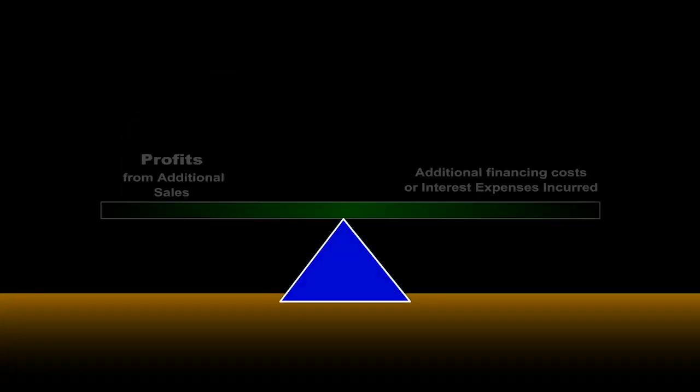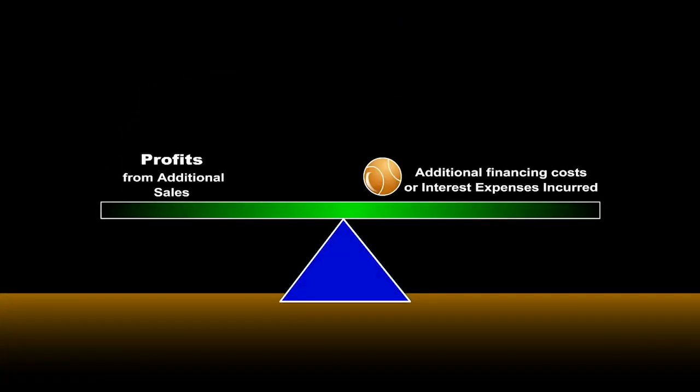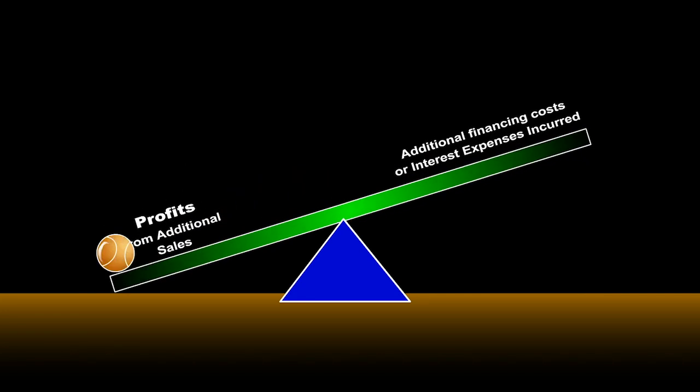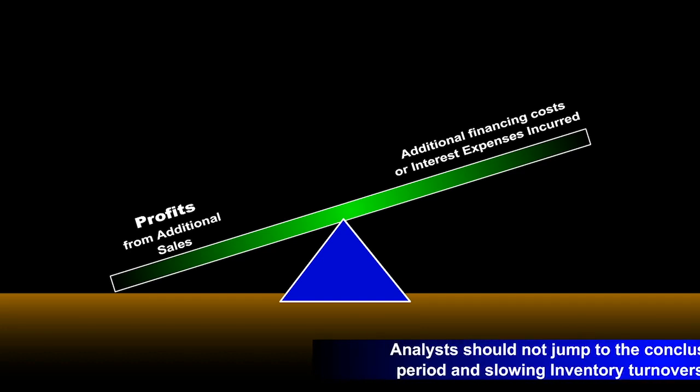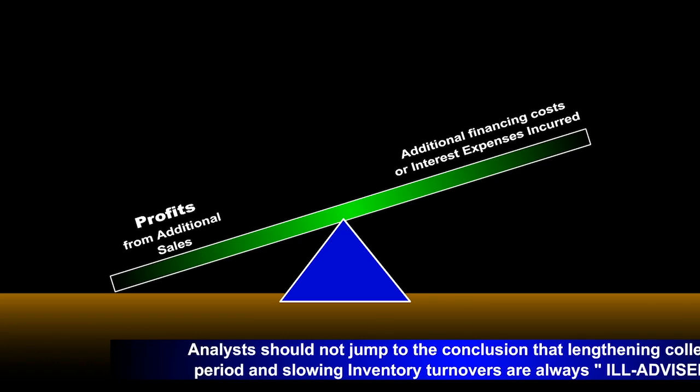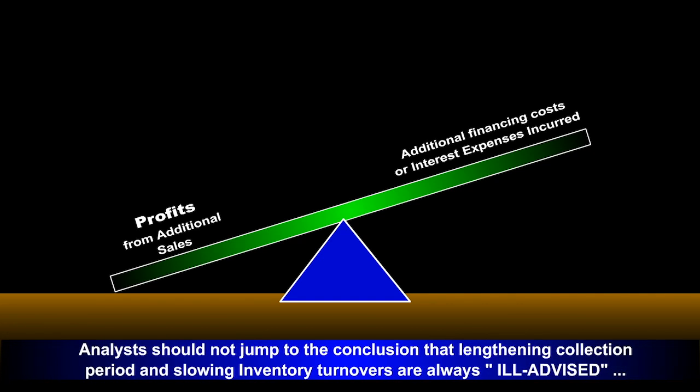These two decisions make sense because the additional profits from the additional sales are expected to outweigh the additional financing costs or interest expenses incurred to fund the additional accounts receivables and inventories. On this basis, an analyst should not jump to the conclusion that lengthening collection period and slowing inventory turnovers are always ill-advised. They may, in fact, be good for the enterprise.